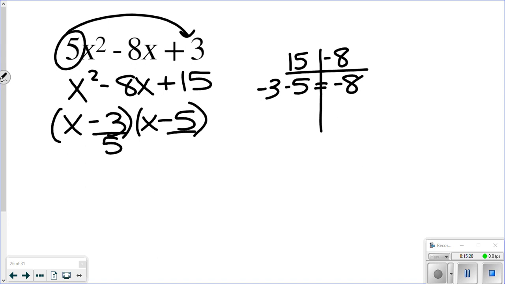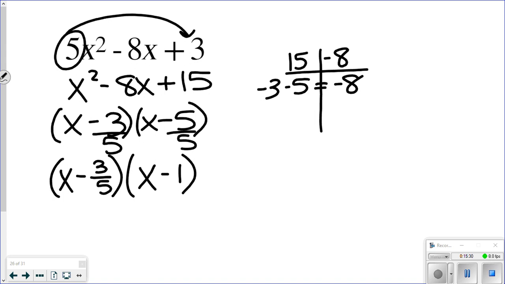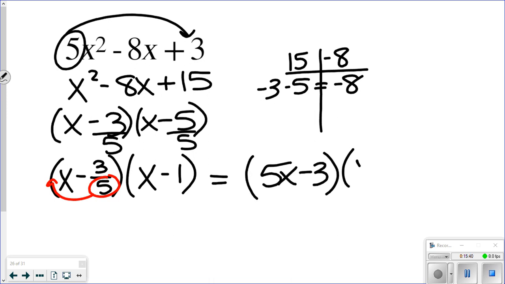Divide by that leading coefficient from the beginning. Reduce if possible. And take this and slide it out in front. So 5x minus 3, x plus 1.